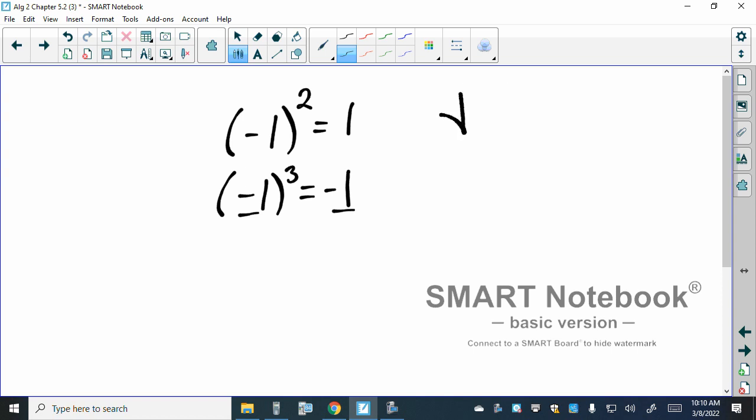Now, if I took the square root of x squared, will that be the same as x? For some cases, yes, because if x is positive, that'll work out, and if it's negative, it will eventually take care of itself.